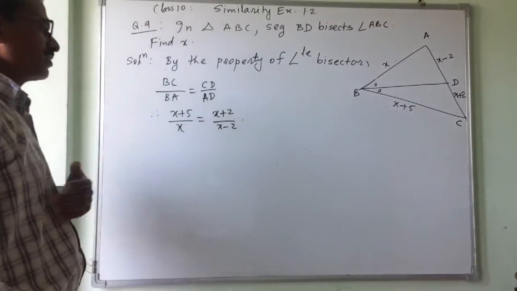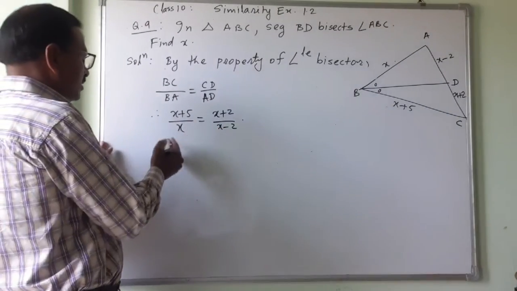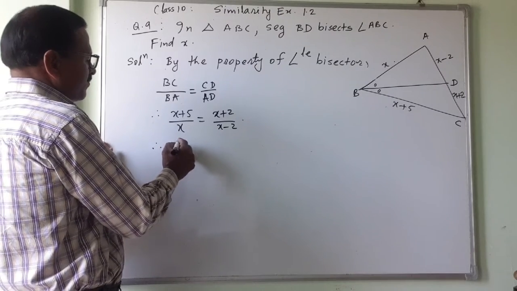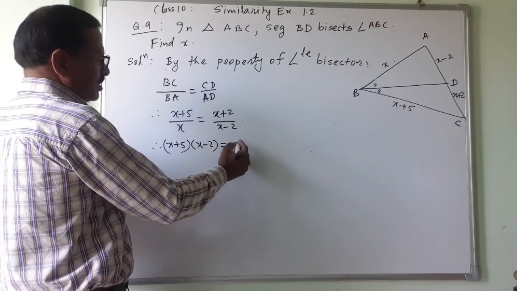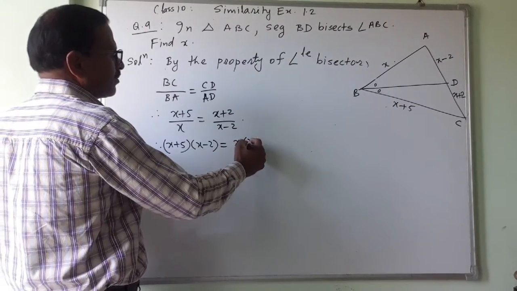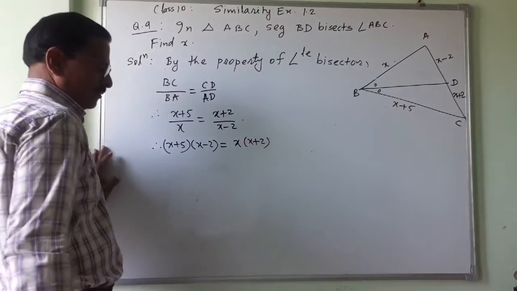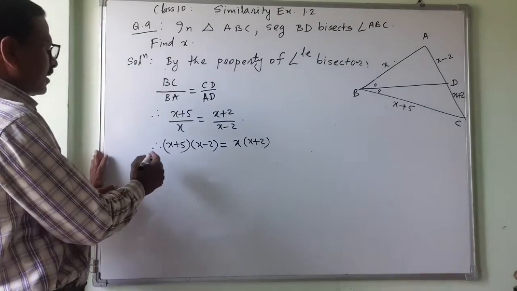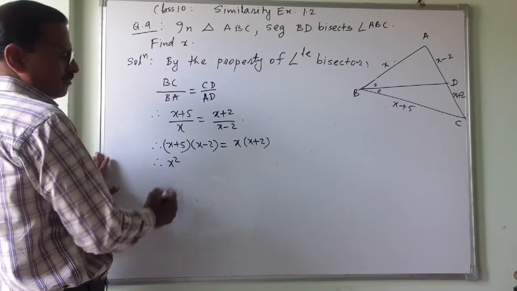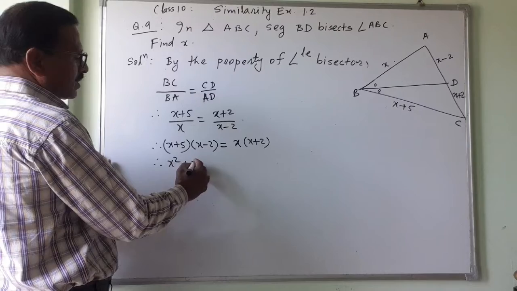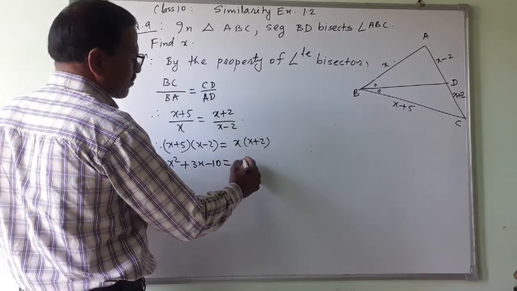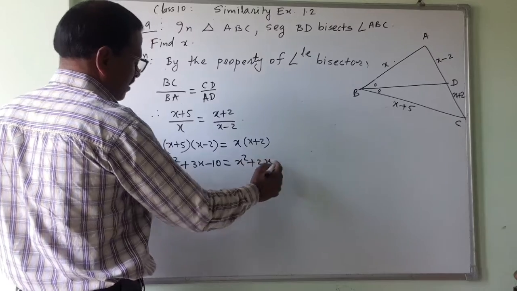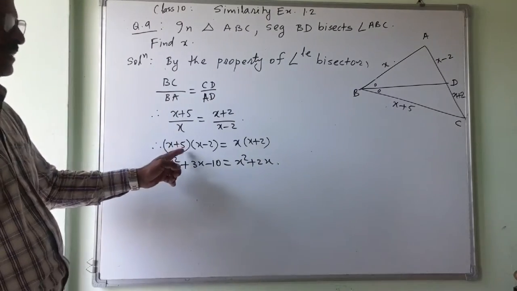Now to solve this, do the cross multiplication. This way I will go. X plus 5 into x minus 2 is equal to x into x plus 2. Now open the bracket. Therefore, x square plus 3x minus 10 is equal to x square plus 2x. How I have done this?